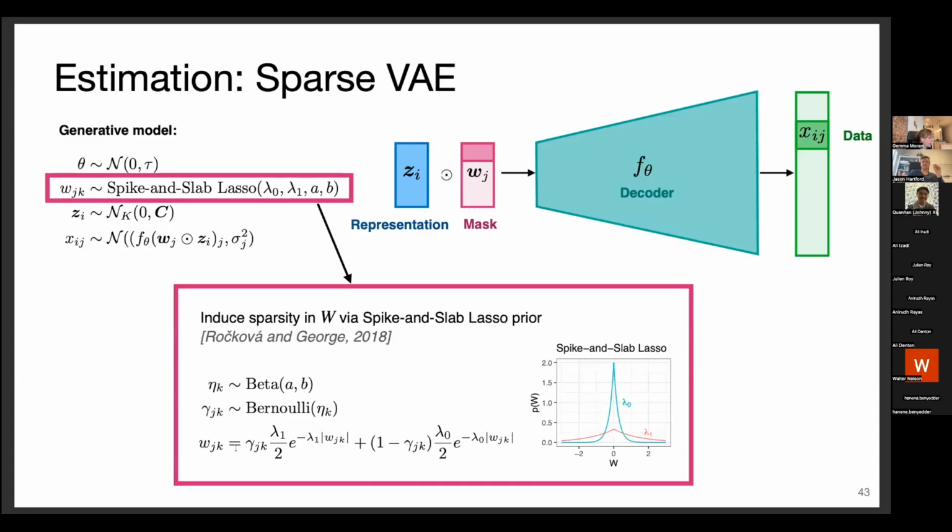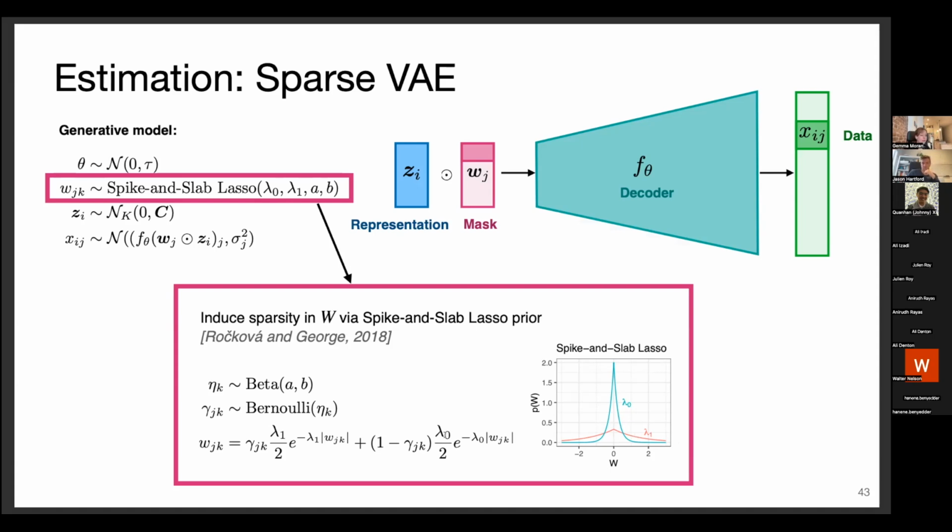Yeah, so great question. The lambda 1 and lambda 0 here are the parameters that control the thresholding. This lambda 1 is the slab part, and this is small, it's like the inverse variance.